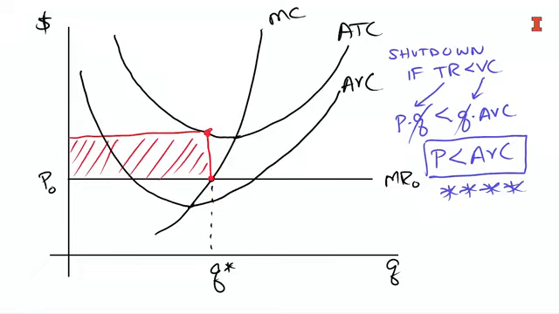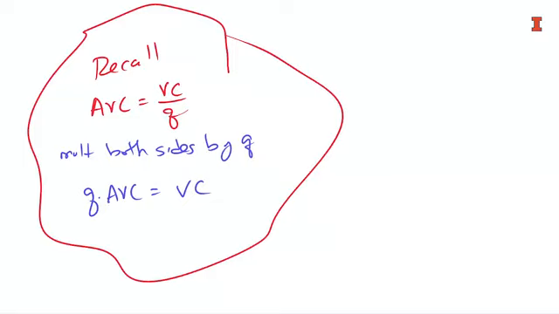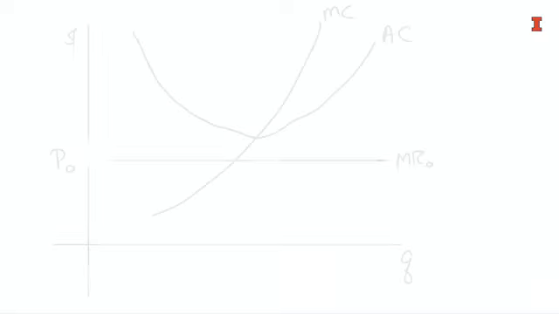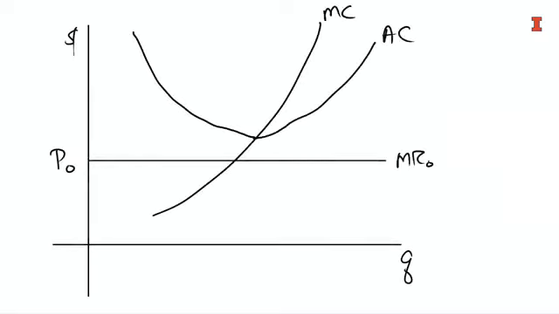Let me show you one last picture. I'm going to show you the opposite situation. It looks like this. And that firm at profit maximizing output, where marginal revenue equals marginal cost, Q star, is losing money because the gap, price minus average cost, is negative.